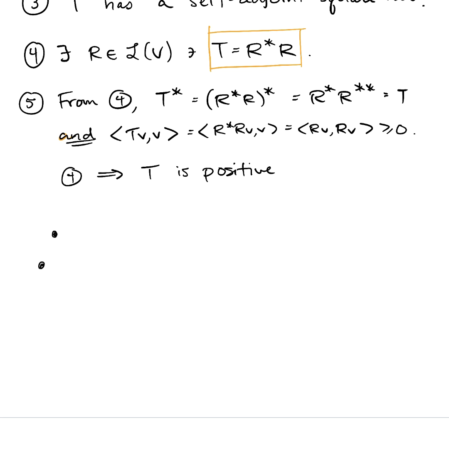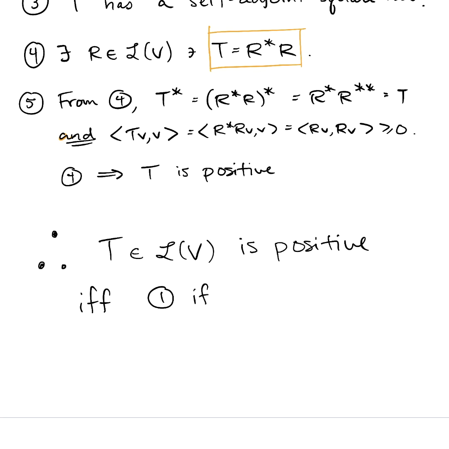Grand conclusion, therefore, T, a linear operator on a finite dimensional inner product space V, is positive if and only if 1, if and only if 2, if and only if 3, if and only if 4.